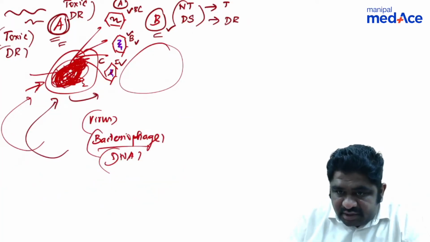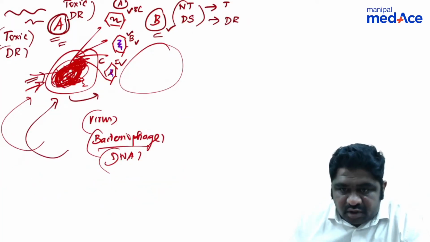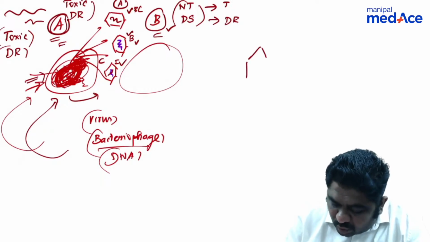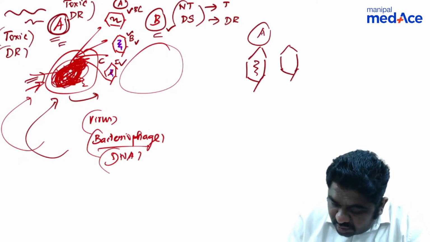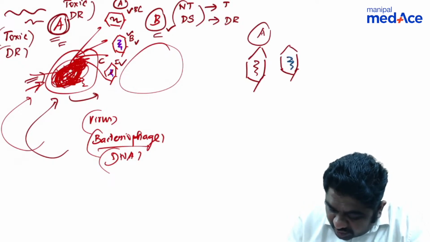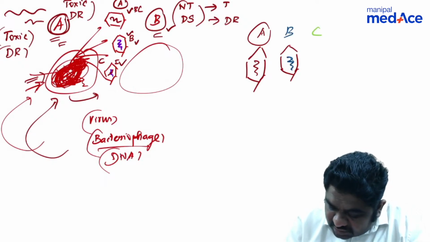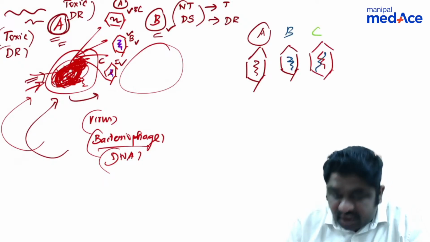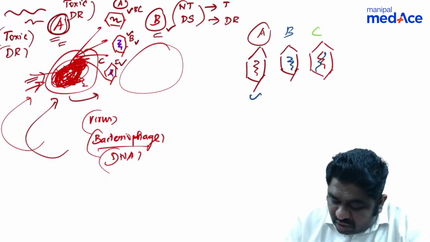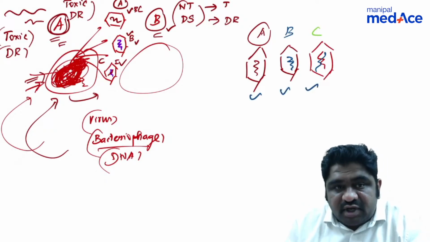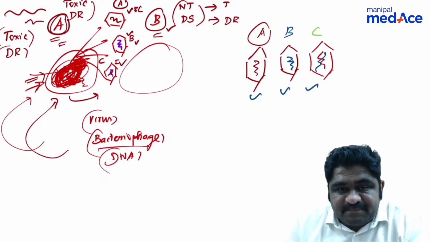I'm having three types of viruses coming out of organism A. You tell me, among the three, which one is not capable of transforming the organism B?